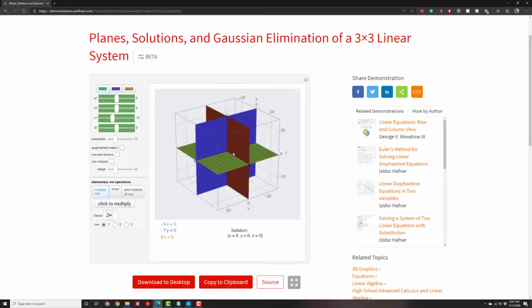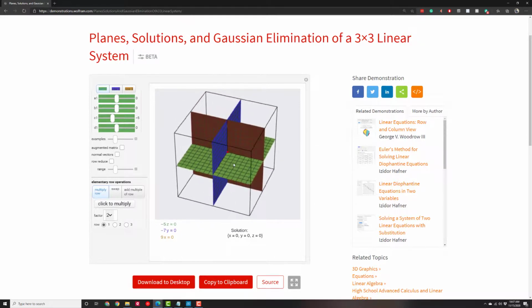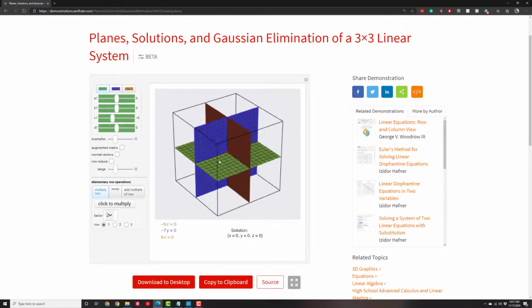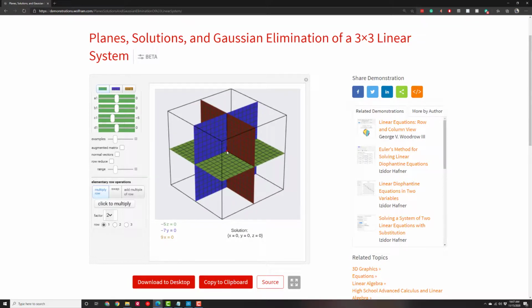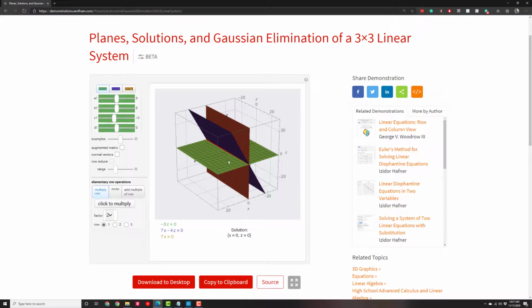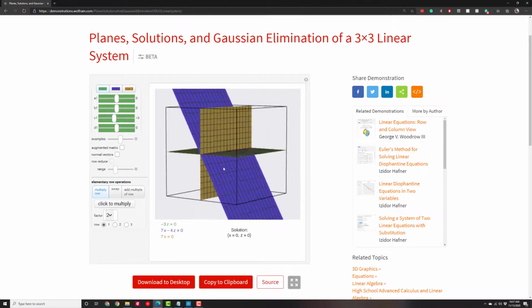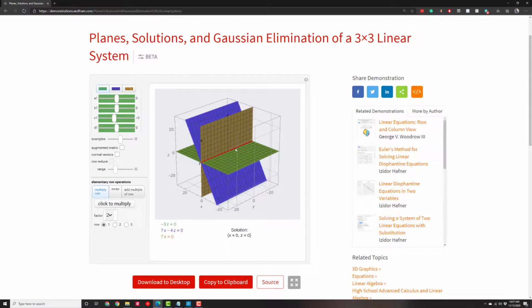The same thing for this one, the second one that we had in line, where again, your planes in 3 dimensions meet only at a finite number of points, specifically at this one point. So therefore, again, it's a consistent system of independent equations. On the other hand, this guy right here, these 3 planes meet at an infinite number of points.